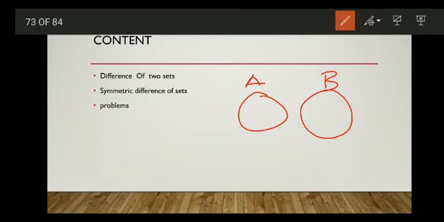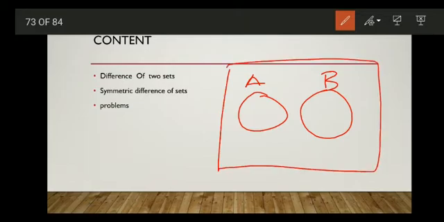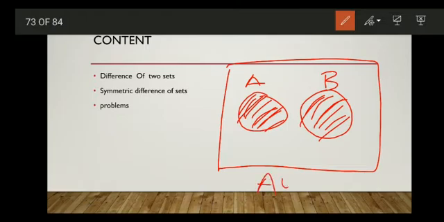A union B will be combining the elements of A and B. Okay, so we have to consider both the elements in A as well as the elements in B. While writing it as a set, the collection of elements of A and elements of B will be A union B. This is when A and B are disjoint sets.